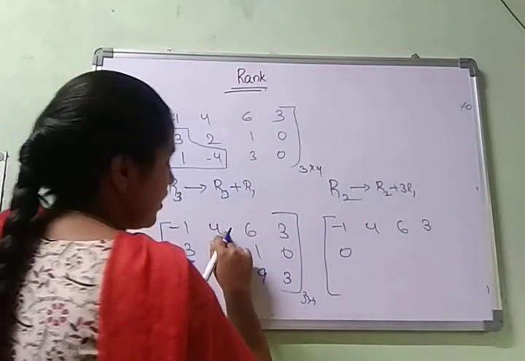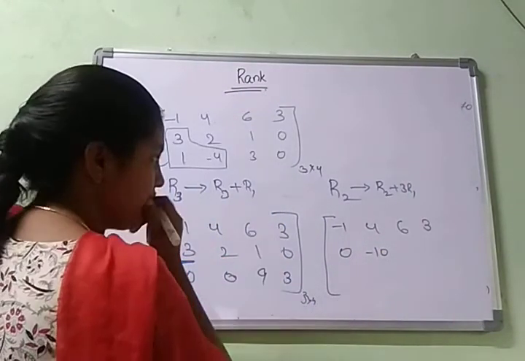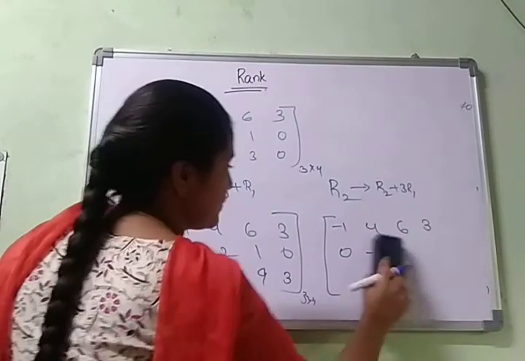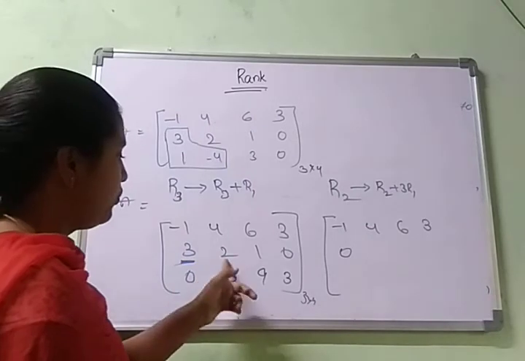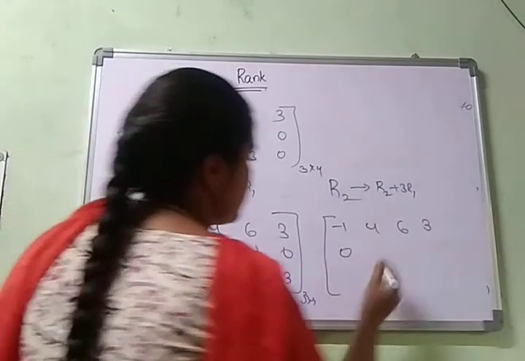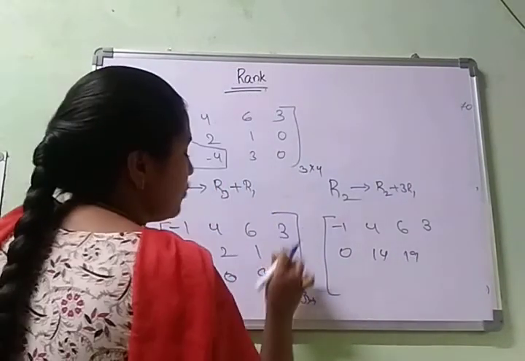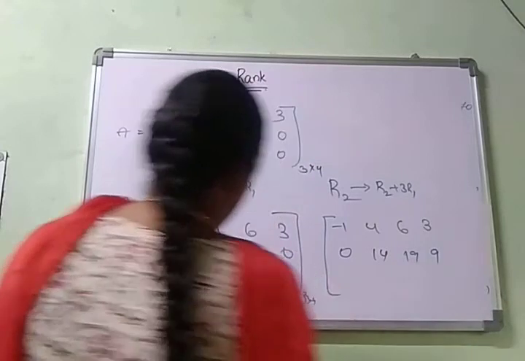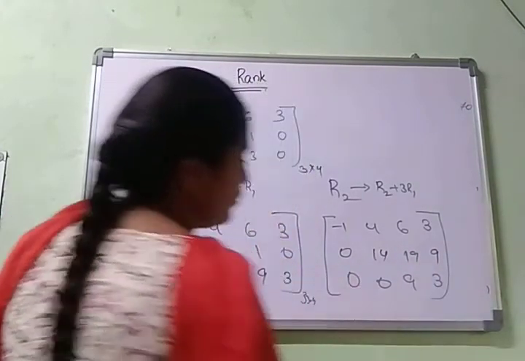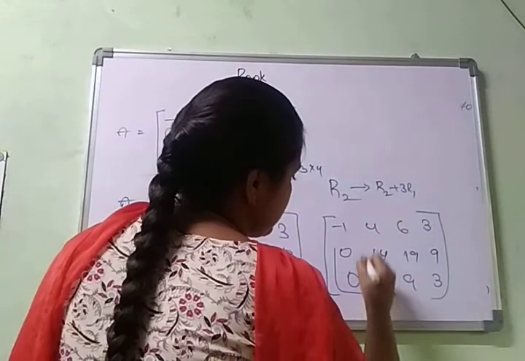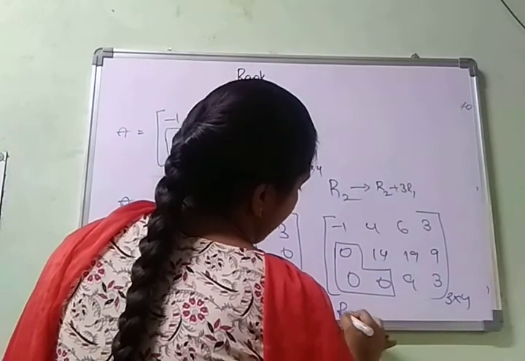Wait a minute, we have made a small mistake. Here R2 plus 3R1: 2 plus 12 is 14, 1 plus 18 is 19, 0 plus 9 is 9, and this row is as it is. Now we have got these elements as 0, therefore the rank of the matrix will be 3.